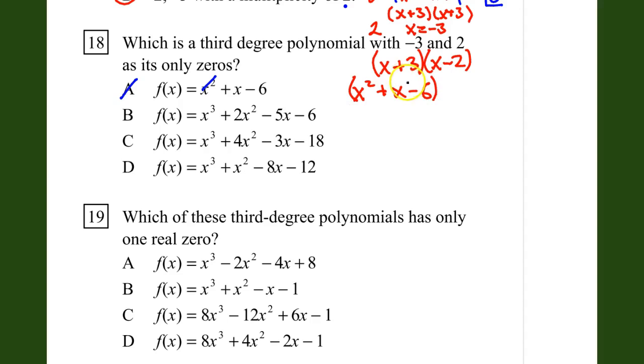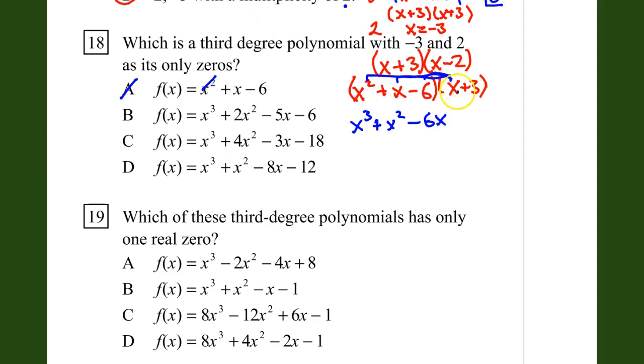And then you just have to take a guess. It's going to be one of the two. So let's multiply it again by another x plus 3 as if that was the repeating root. We have to multiply them together one more time. So we'll have x cubed, and then x squared, and then minus 6x.